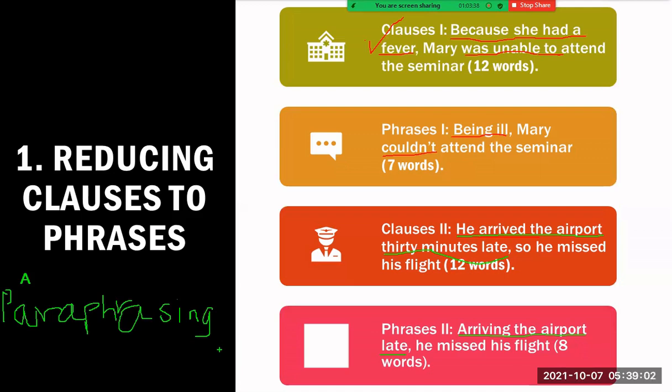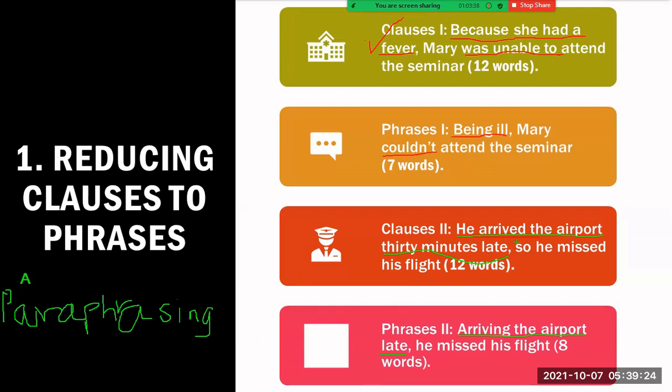So the whole idea of restructuring the sentence, reconstructing the sentence, is what paraphrasing is about. And so when you are summarizing, you need word reduction methods, and you also need the skill of paraphrasing.